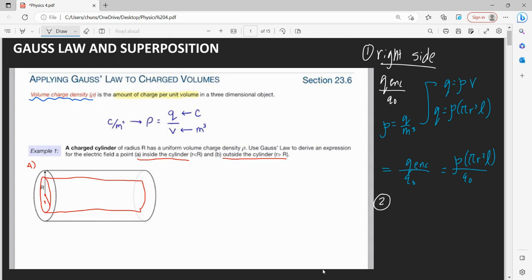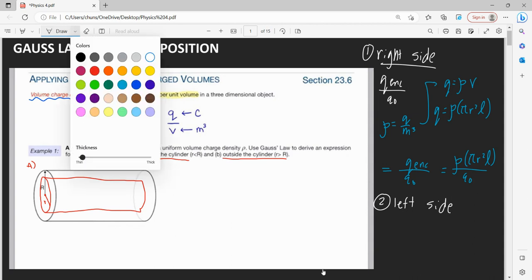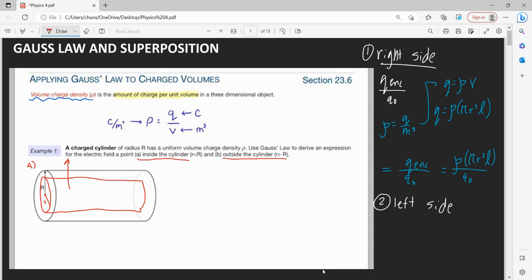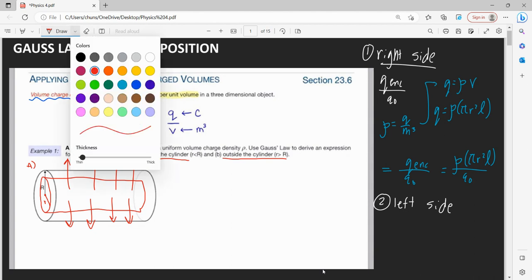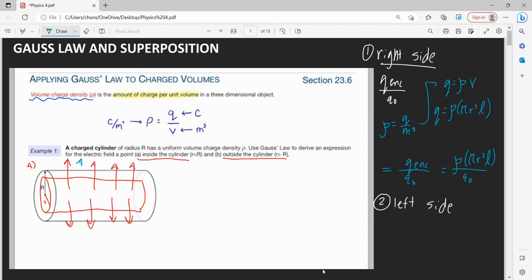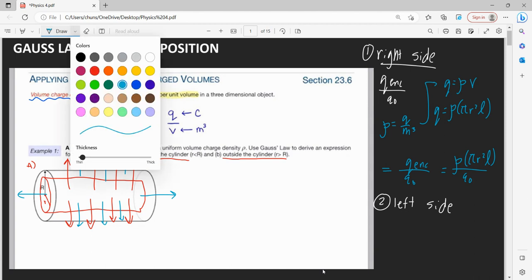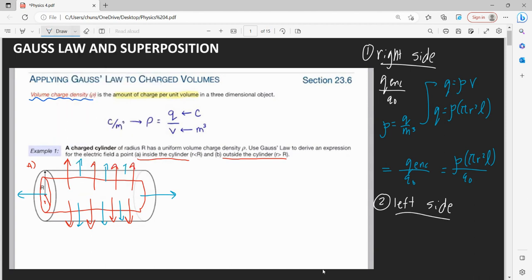Second part, we want to find our left side. So from previous examples, we know that our electric field is directed radially outwards from our Gaussian surface, and we want them pointing parallel to our dA lines. So on the top and bottom, they point perpendicularly, so we are not going to use our top and bottom. So we only use our side face.